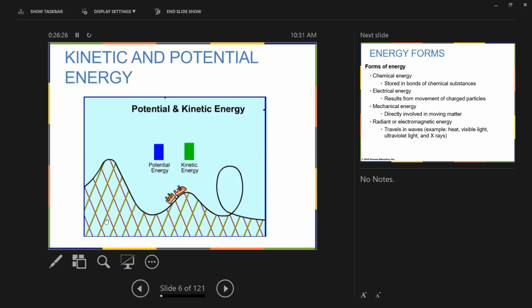It has gained a tremendous amount of potential energy. And the only way to come back down, theoretically, is to go over the top and come down, because you'll notice that when we go over the top on that first hill on the left-hand side, our potential energy is quite high, and we convert that to kinetic energy.